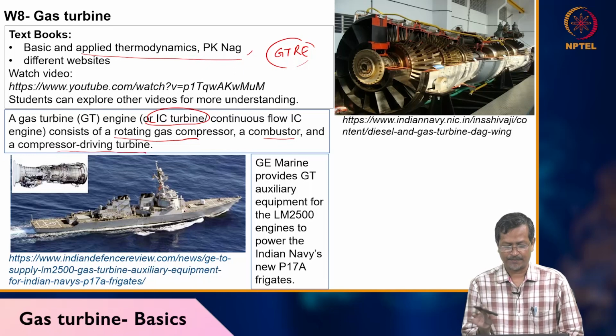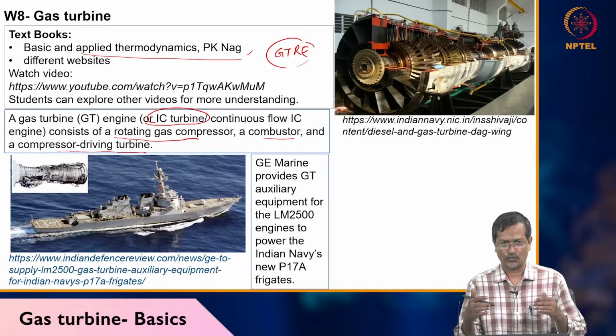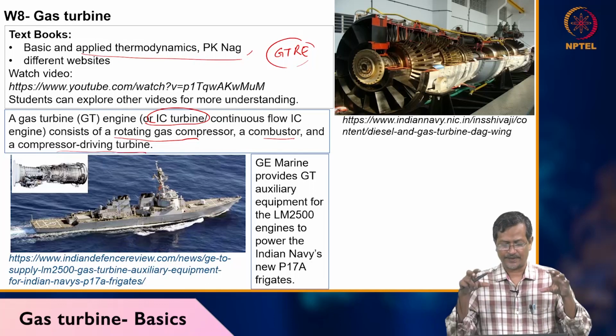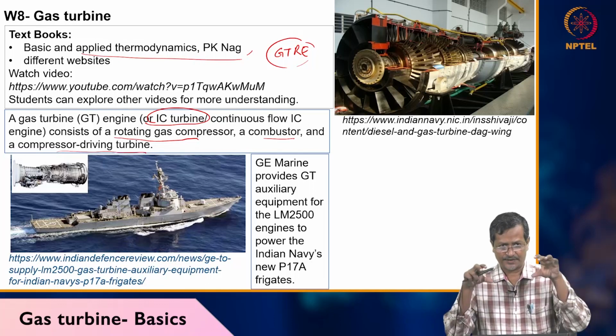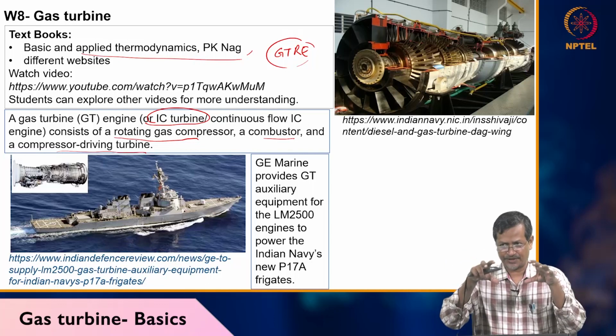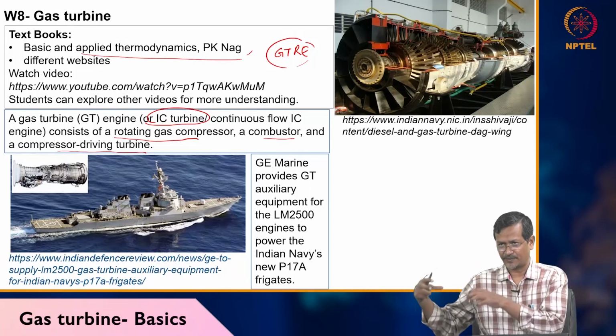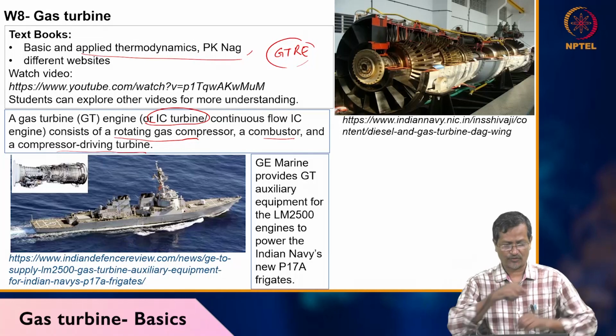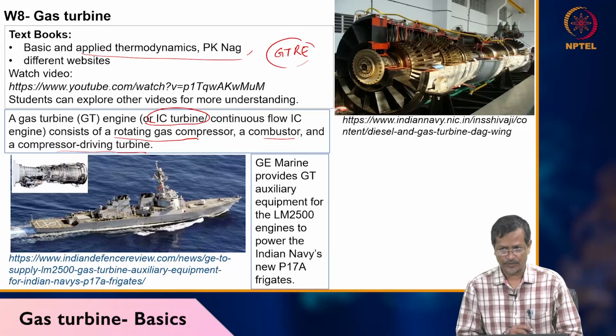These three main parts will be there in a gas turbine. Many other parts exist, but we will not go through every detail, only the basic three: compressor, combustion chamber or combustor, and turbine system. The three systems are connected together, gas or fluid flows continuously, and you get power.